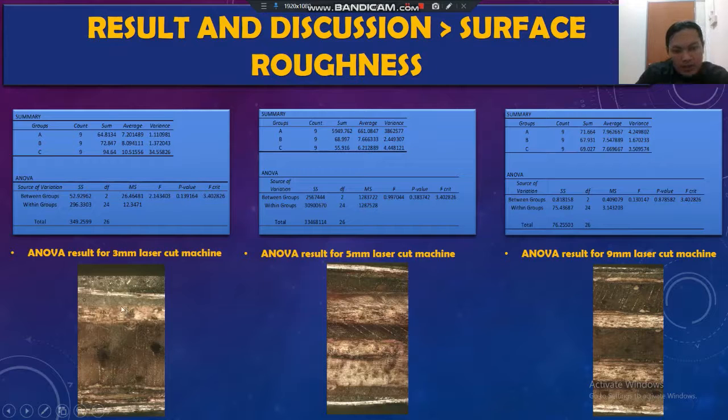This picture is the image we captured by microscope. From this analysis, you can see that all the parameters that we have chosen are suitable for this cutting process.